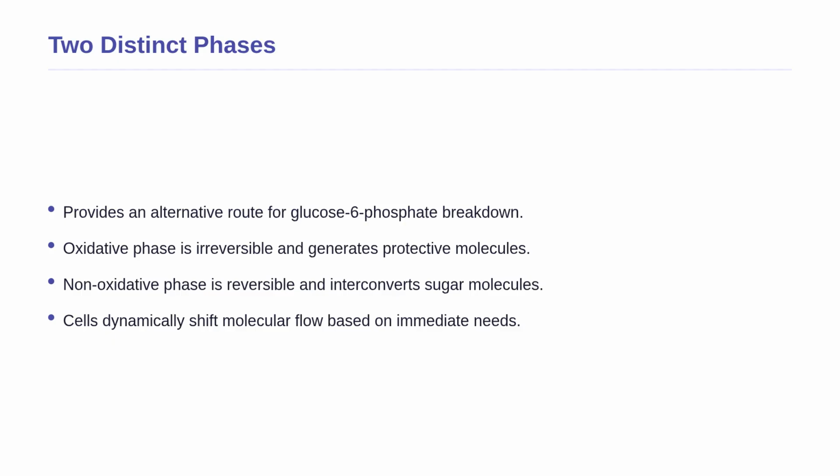Now that we know why this detour exists, let us look at how it is structured. The pentose phosphate pathway provides an alternative metabolic route for the breakdown of glucose 6-phosphate. Instead of splitting the sugar to extract energy, this pathway is divided into two distinct phases that serve different cellular needs. The first is the oxidative phase, which is strictly irreversible and is responsible for generating protective molecules.